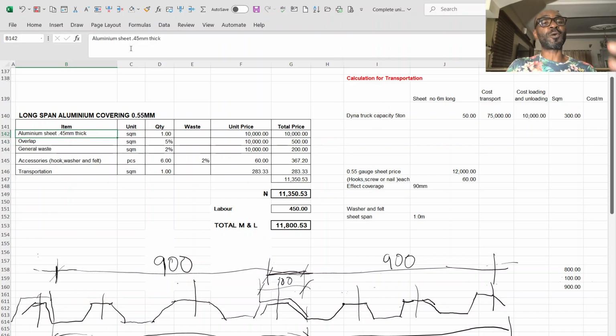So if you're using a 0.35, and the cost is 8,000, because the number of hooks will be the same and the cost of transport will be the same, the only thing that changes is the cost of the roofing material. So in this case, you are having 9,666 naira 53 kobo. Like I said, the only variable in this analysis is the roof covering.